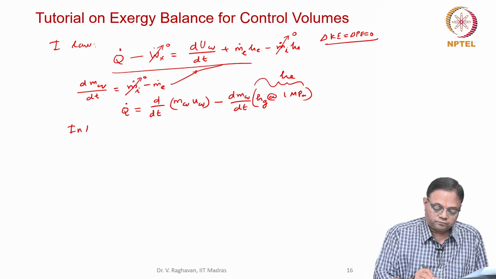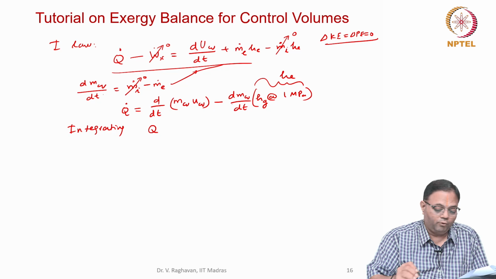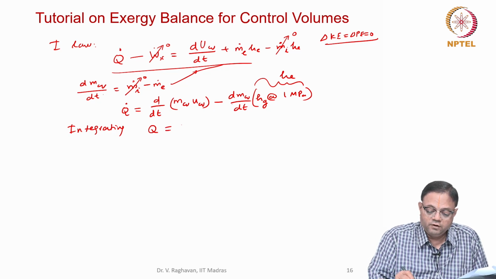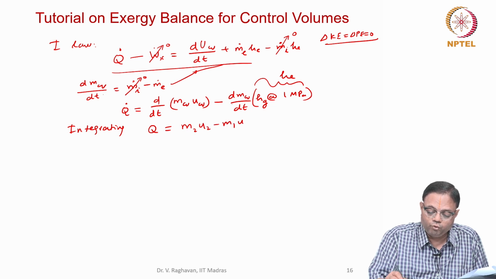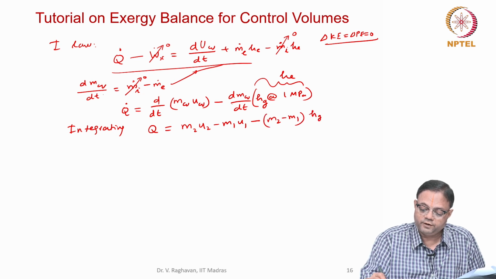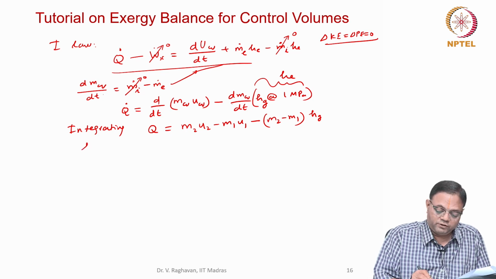So, this is the first law. Integrating, the amount of Q which is transferred is m2 u2 minus m1 u1, and since h is constant, I will keep it out. So, if I integrate, that will be m2 minus m1 into Hg. What is Hg?